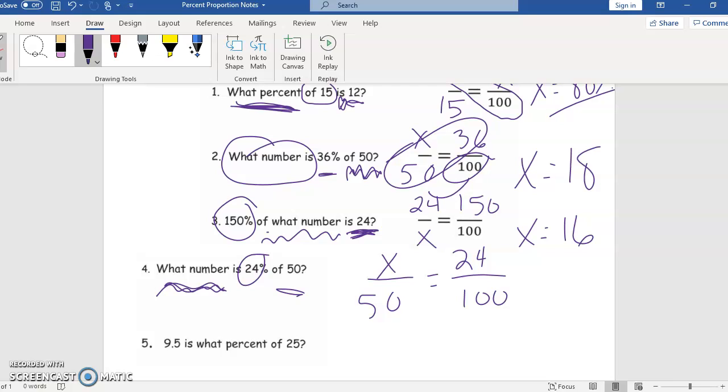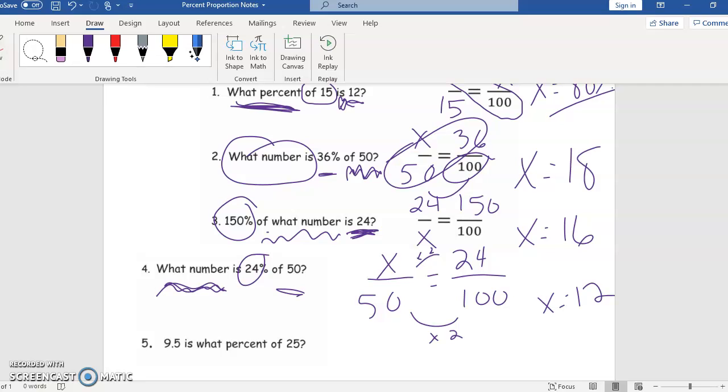Again, I can do cross multiply divide, or I can say, okay, I know 50 times 2 is 100. What number times 2 is 24? I should know that X is 12. But again, if you don't know that, do your cross multiply and divide. 50 times 24 is 1,200. Divide that by 100 and you still should get 12.